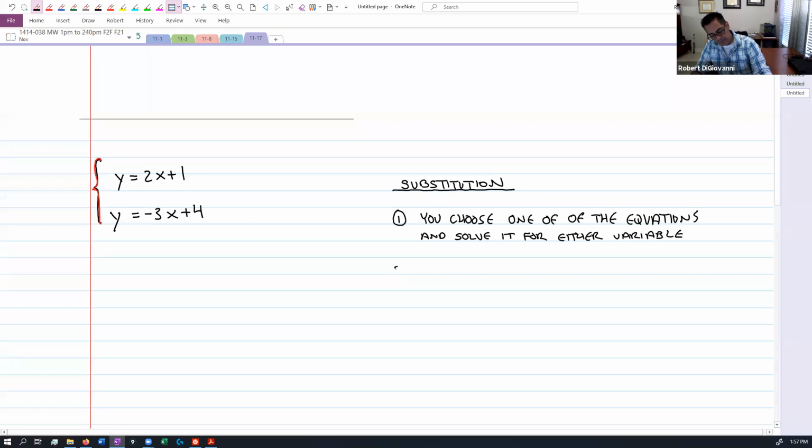Once you do that, you've taken one of the equations and you've solved it for one of the variables. Now what you're going to do is replace that variable, or we'll use the word substitute, which is where it gets its name from. Substitute your answer from part one, which is the part you just did, into the other equation.